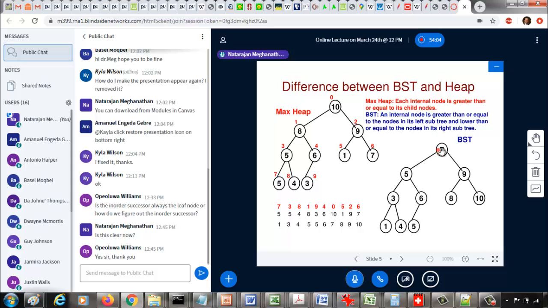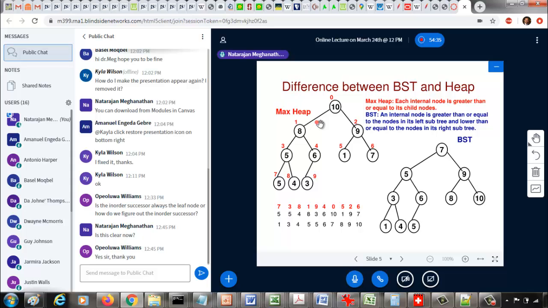So 7 is greater than or equal to its left child data 5, and less than or equal to its right child data 9. Whereas for a max heap, the data for the internal node should be greater than or equal to both its child node data. So 10 is greater than or equal to both 8 and 9. That's the difference between a binary search tree and a max heap, or a min heap. You should not get confused between the two. They are entirely different types of binary trees.